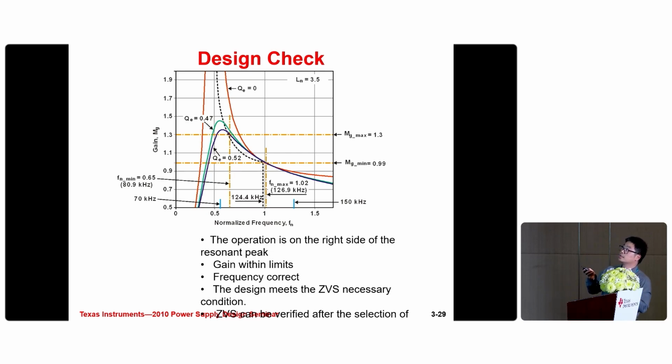And this is the maximum gain, and this is the minimum gain needed for the LLC converter. And we can see that at this point, the gain is below the minimum gain. So at the light load, there is no need for the converter to work in burst mode, right?